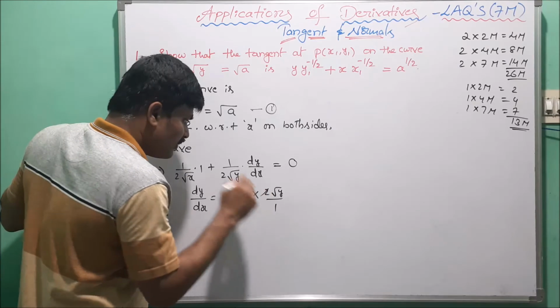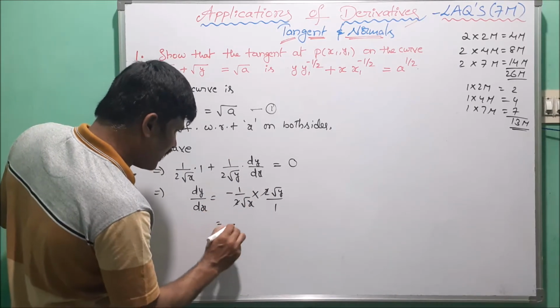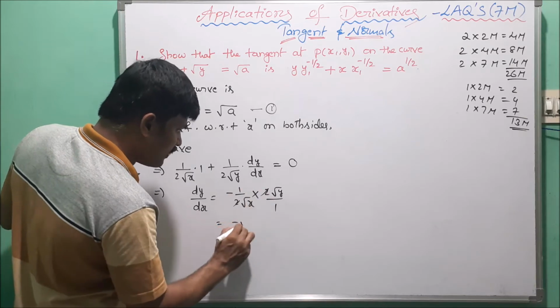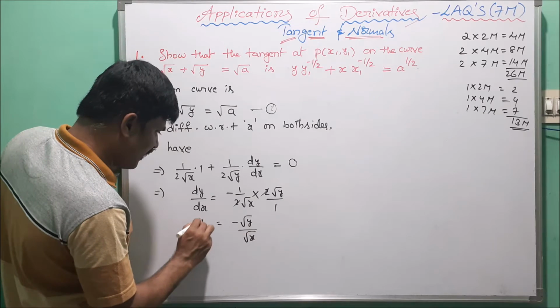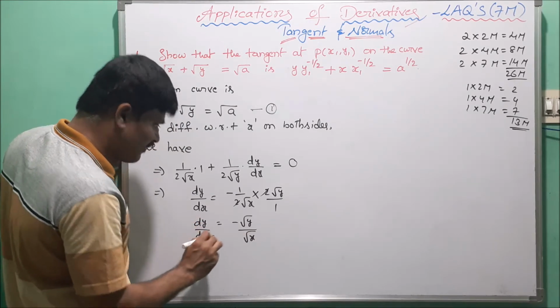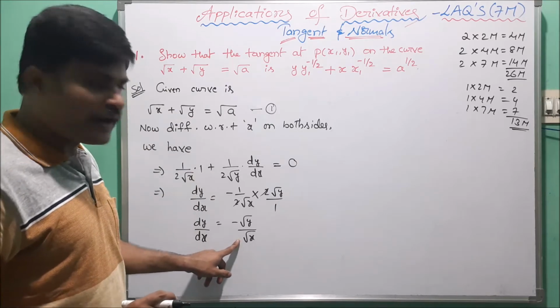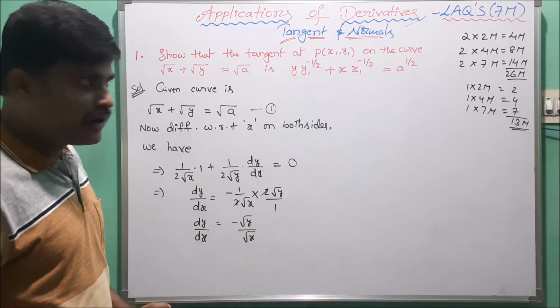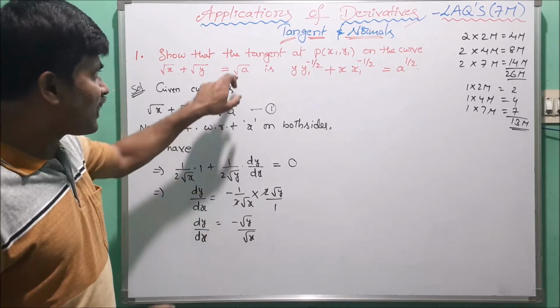Now in the numerator and denominator 2 will be cancelled. The remaining value is minus root y by root x. So dy by dx, the derivative of the given function, is minus root y by root x.